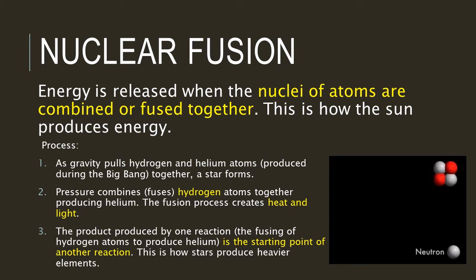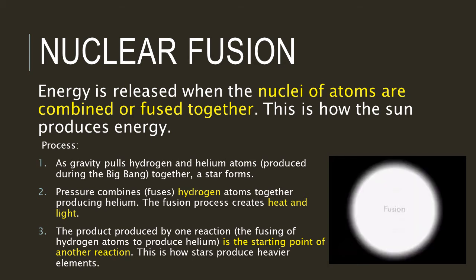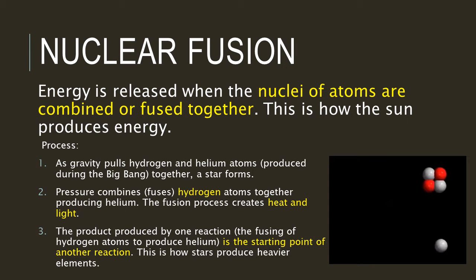Now, the product produced by one reaction, let's say the helium produced, is the starting point of another reaction. This is how stars produce heavier elements. That's how we go from hydrogen and helium to carbon or lithium or iron or gold. It's through this fusion process.